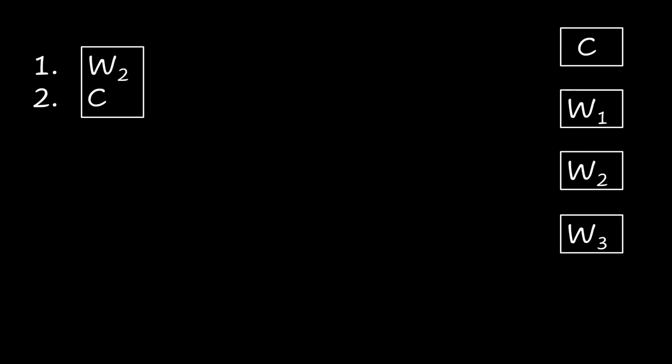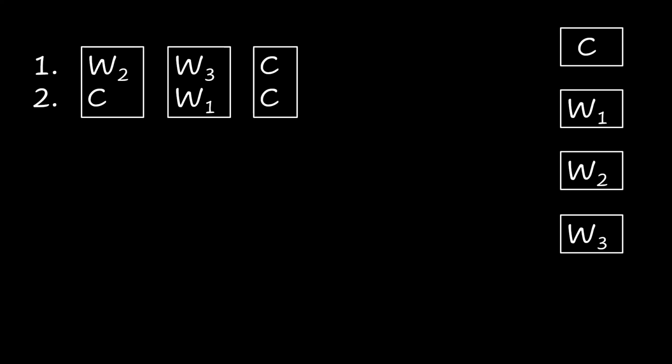So for example, if we happen to pick W2 as our answer to number one and C for number two, that means we have a wrong answer to number one, but we have the correct answer to number two. We could have also chosen W3 for number one and W1 for number two, which means it's a wrong answer for number one and it's also a wrong answer to number two.